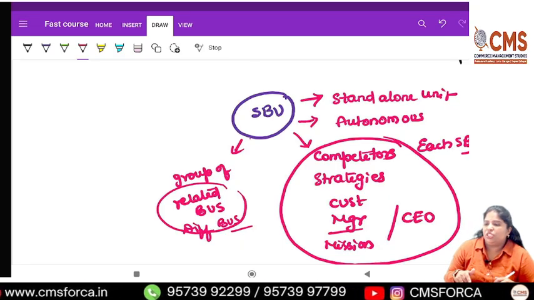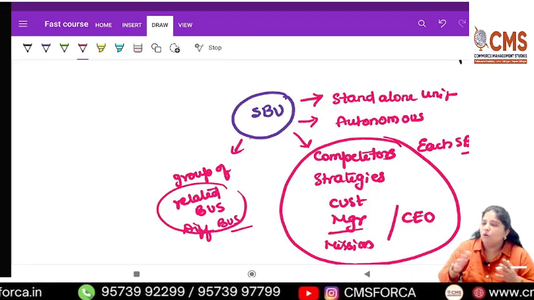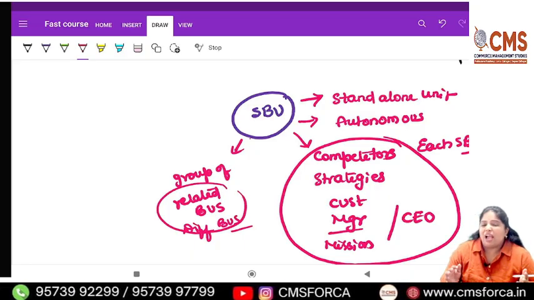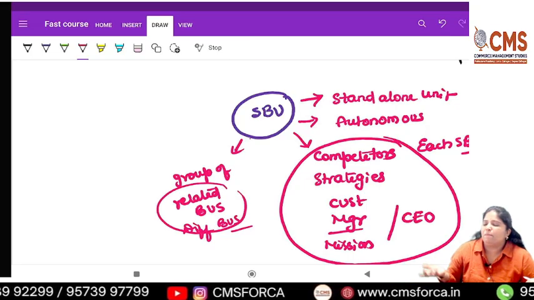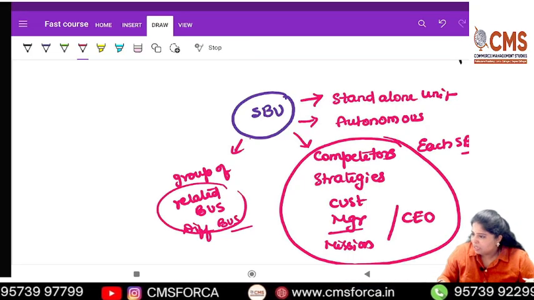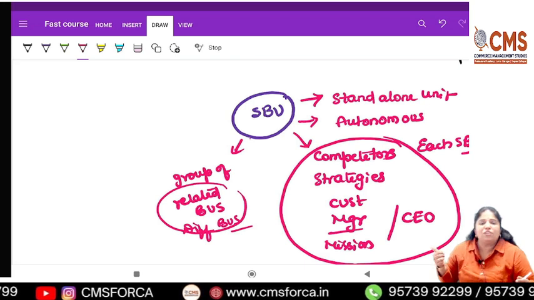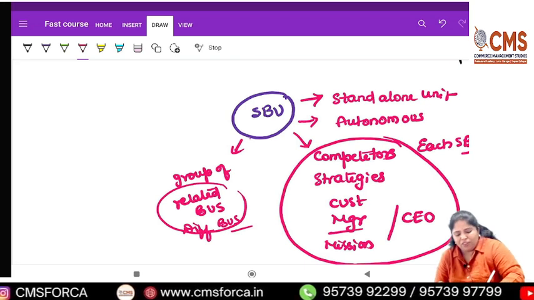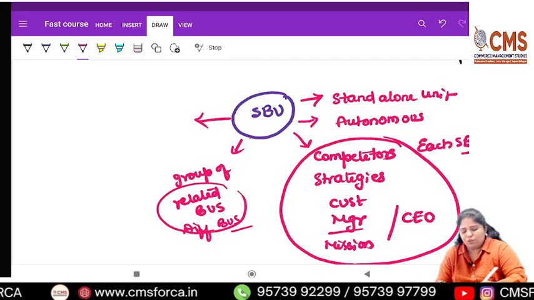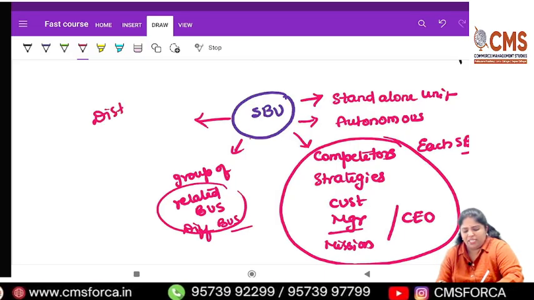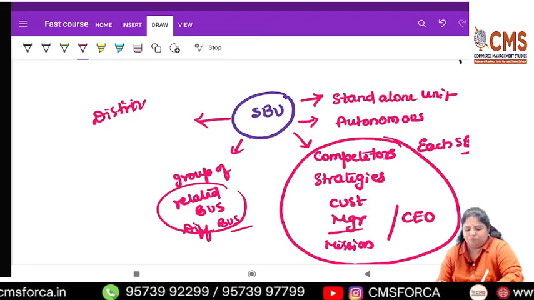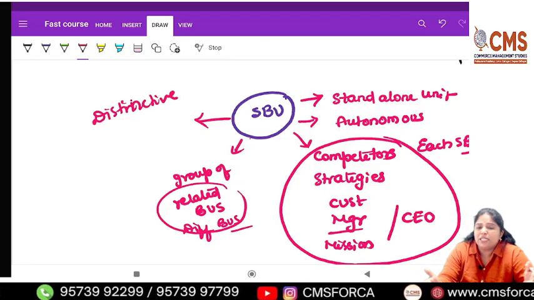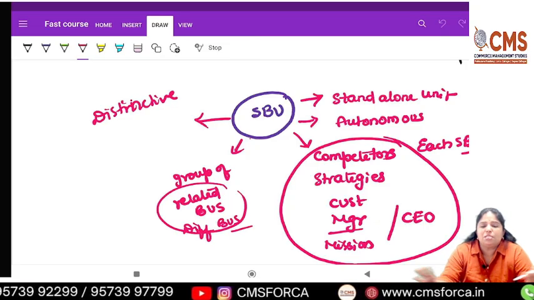Applying the same logic, you can't go for more SBUs. Having more SBUs again becomes hard to administer and quite expensive in administration. So SBUs always should be quite distinctive. Distinctive means different. Keep your SBUs different.